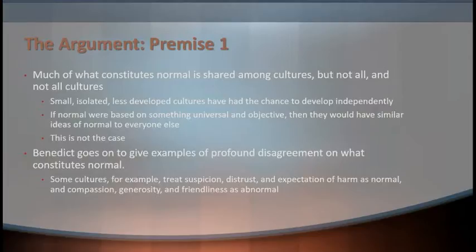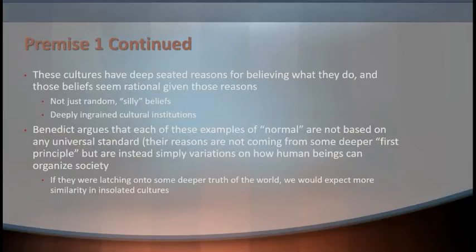So, what we have is disagreement about what sort of mindsets or what sort of norms a person should be governed by as they go about their lives. Now, these cultures actually have deep-seated reasons for believing what they do, and these beliefs seem rational given those reasons. These aren't just random things that show up in different societies.